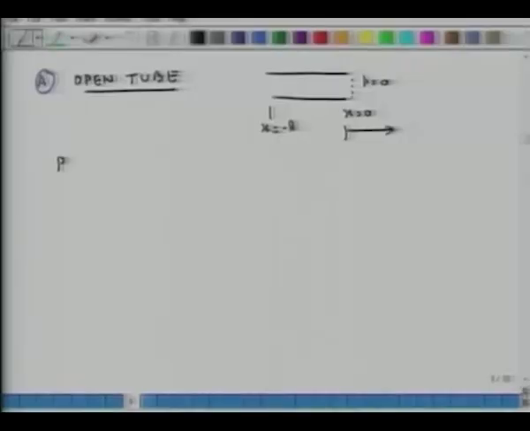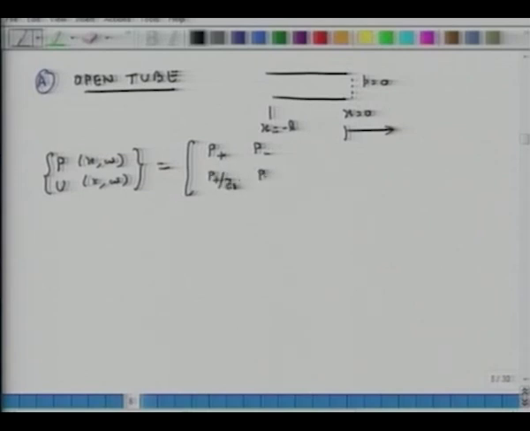So for P and U, which are both functions of x and omega, I can write them as P plus, P minus, P plus over Z naught, P minus over Z naught, and then e to the minus j omega x over c, e to the j omega x over c.